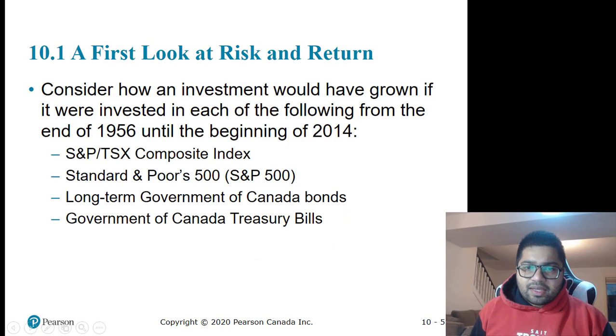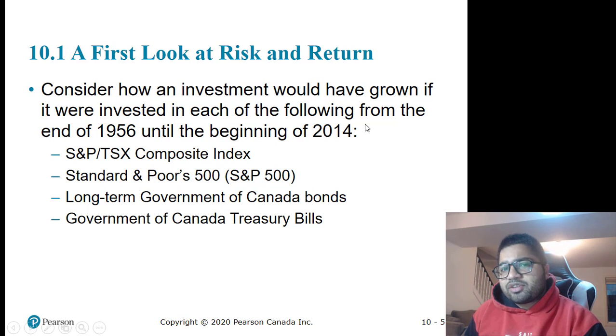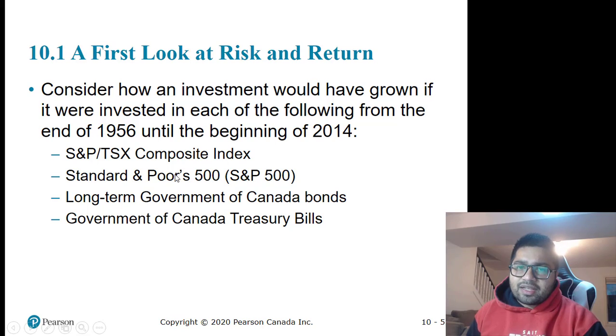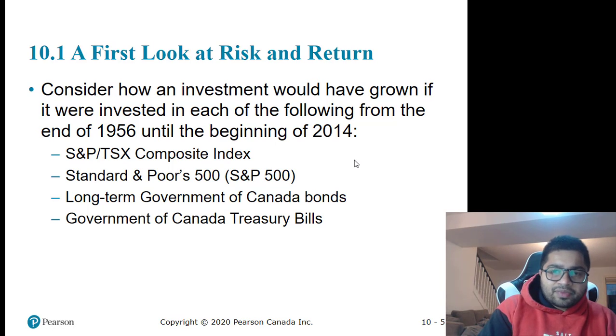Even if you consider till 2020, maximum wealth could be created from the S&P 500 rather than the TSX Composite, right? S&P 500 is riskier too. TSX Composite has much lower volatility, but S&P 500 has much higher volatility. Okay.